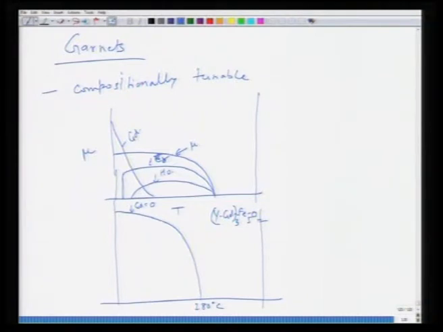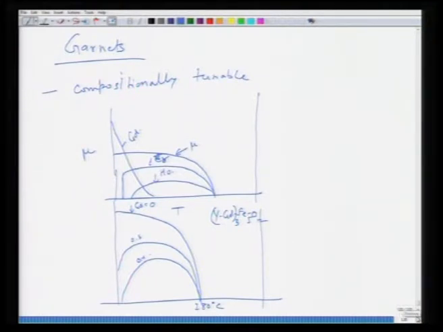And if you go for instance to 0.3 and 0.4, you get something like this. So depending upon the composition, you get a temperature window of operation for these garnets, which is compositionally tunable.